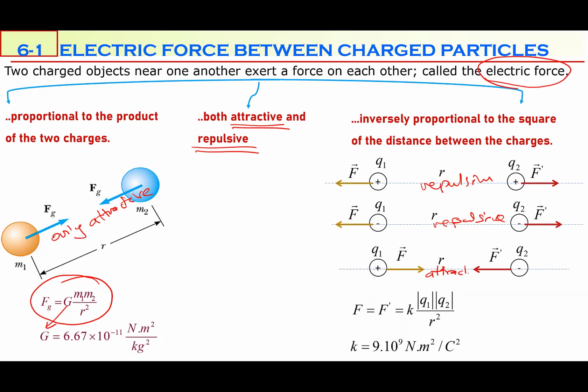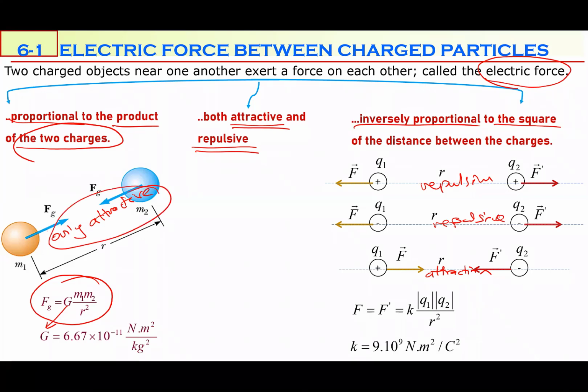That's why we say that electric force, sometimes called electrostatic force, between two charges, similarly to gravitational force, is proportional to the product of the objects' charges, not masses, and inversely proportional to the square of the distance between the charges. Equations are also similar, but the only difference, as I said, is gravitational force is only attractive, masses always attract one another, but electric force is both attractive and repulsive depending on the type of the charges.